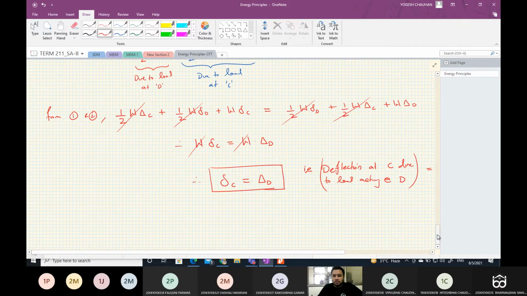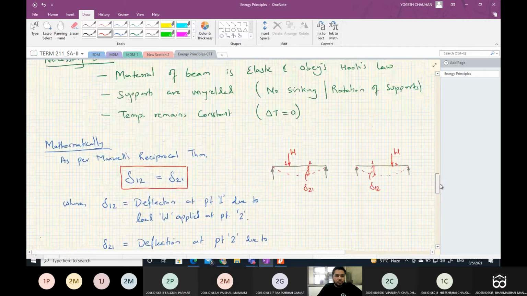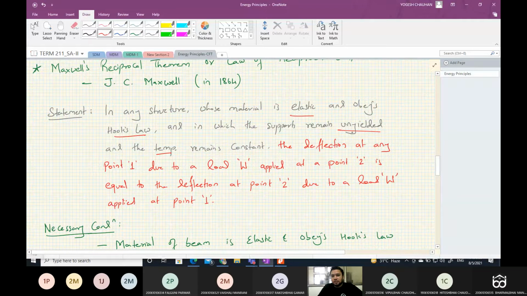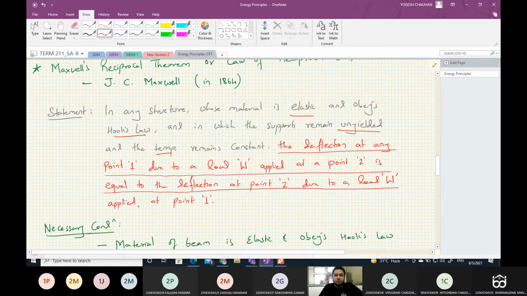Okay, so what is Maxwell's reciprocal theorem? It states that in any structure whose material is elastic and obeys Hooke's law, and in which the support remains unyielded and temperature remains constant, the deflection at any point 1 due to the load applied W at point 2 is equal to the deflection at point 2 due to the load W applied at point 1.